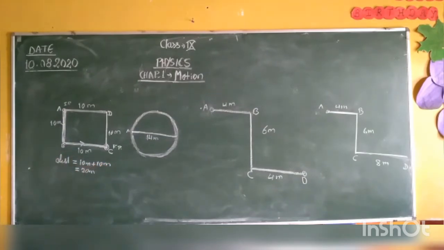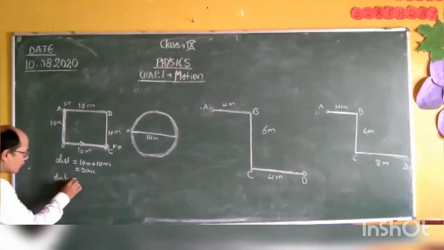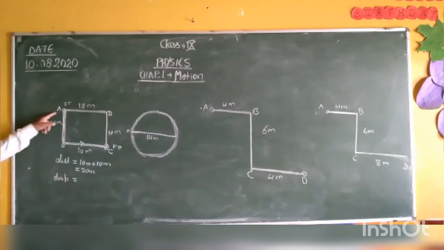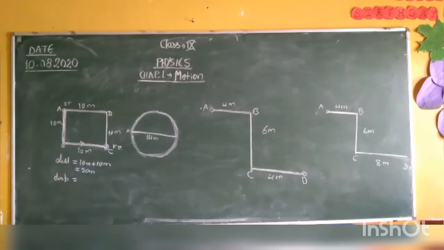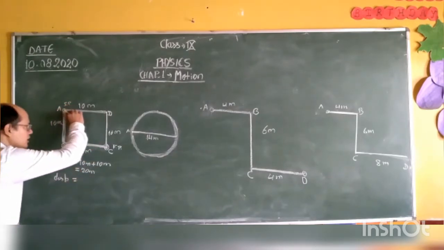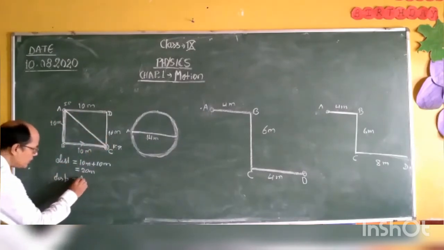This will be the distance. But displacement is the shortest length covered between these two positions, between the initial position and the final position. And the shortest length is AC. Therefore, the displacement will be AC.